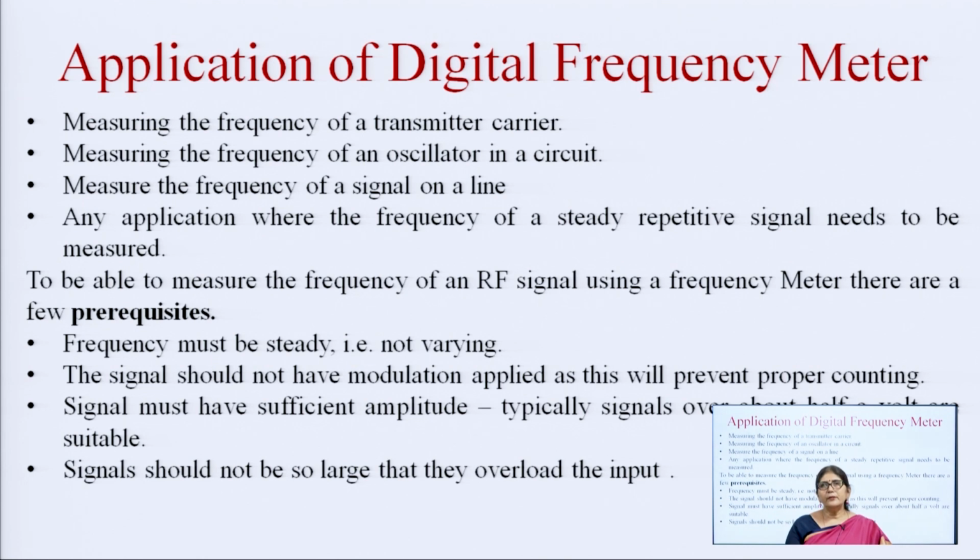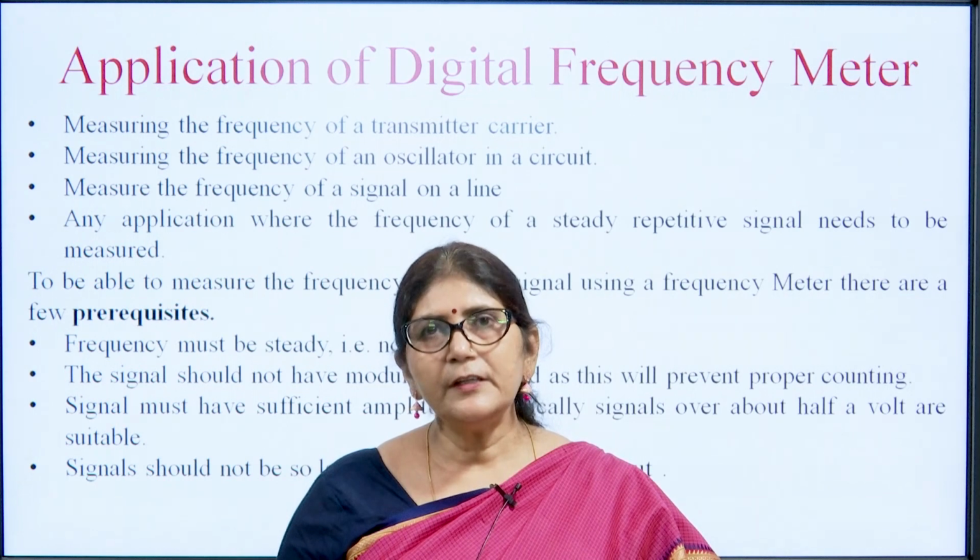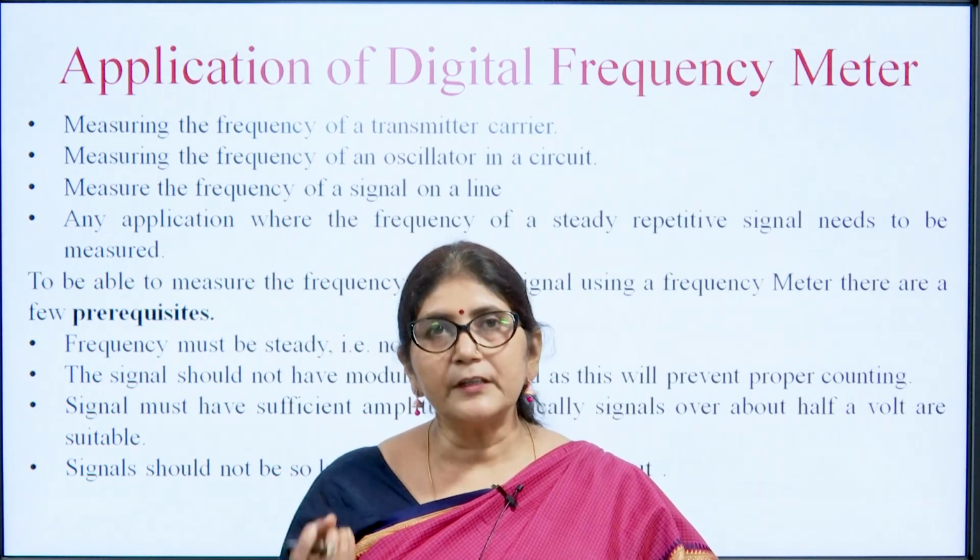We can also measure the frequency of a transmitted carrier. When we want to measure the frequency of the transmitter carrier, we should not modulate that signal. After modulation it is not possible to measure the frequency. So, we can measure the carrier frequency, and we can also measure the modulating signal frequency.